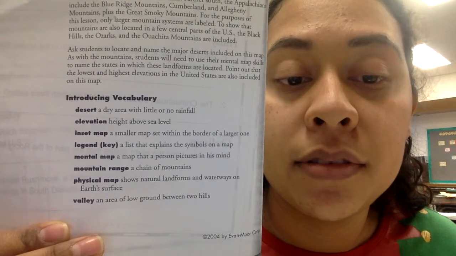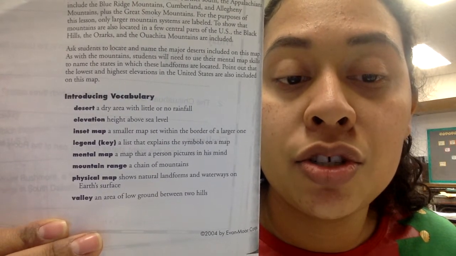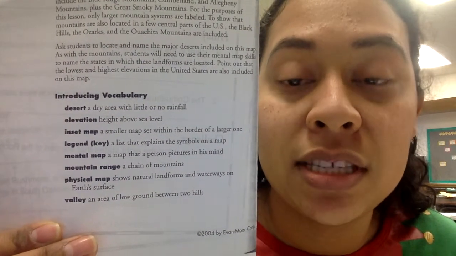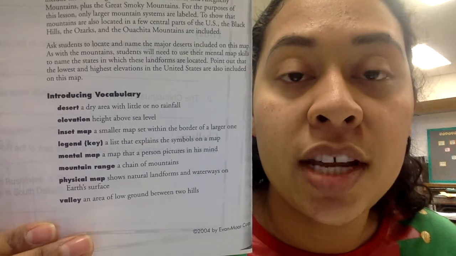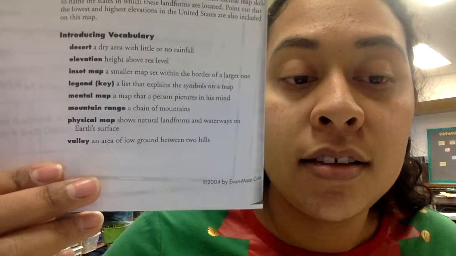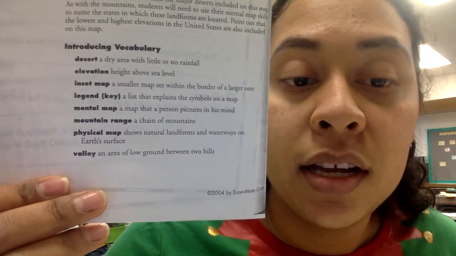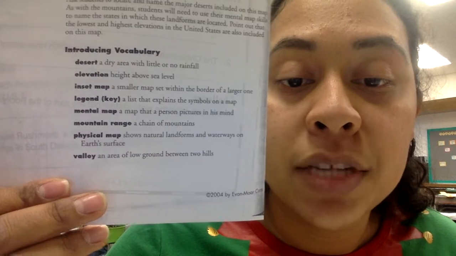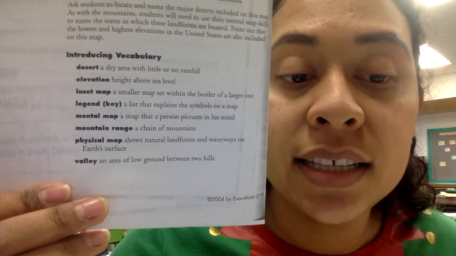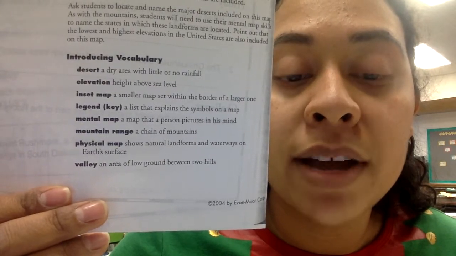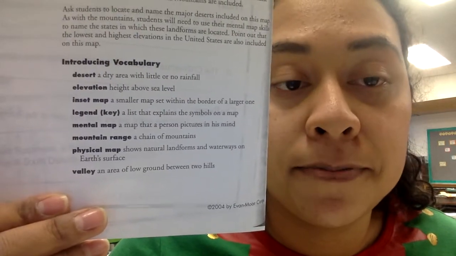Mental map: a map that a person pictures in their mind. Mountain range: a chain of mountains. Physical map: shows natural landforms and waterways on Earth's surface. Valley: an area of low ground between two hills.